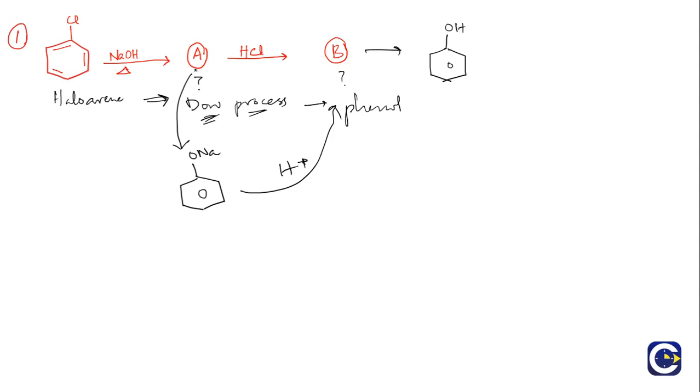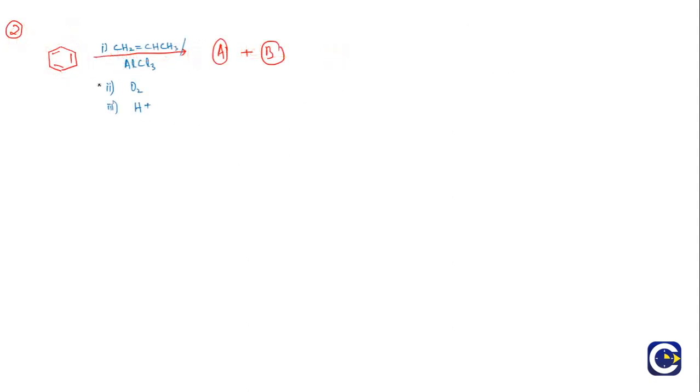Then we can directly predict the reaction product without going to the mechanism, in any type of reaction. So we know that the haloarenes react with the sodium hydroxide base, and this is the Dow process, a method of preparation of the phenol. Okay, so the product A will be the sodium phenoxide, and product B will be the phenol, the final product of the reaction. Okay, so let's take the next example.